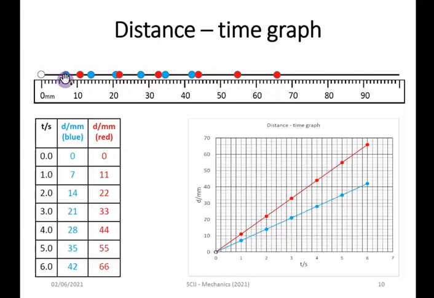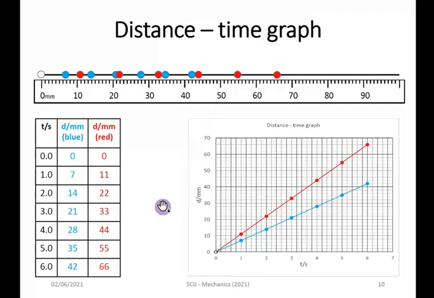So initially blue was here, the blue came here, came to this side. You can see the interval, it was 7, 7, 7, 7 millimeters. While the red, the first 1 second, it was about 11, then 11 interval, then 11 interval, and then 11 interval. You can see that.